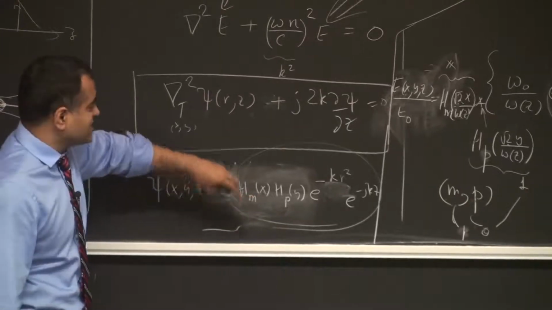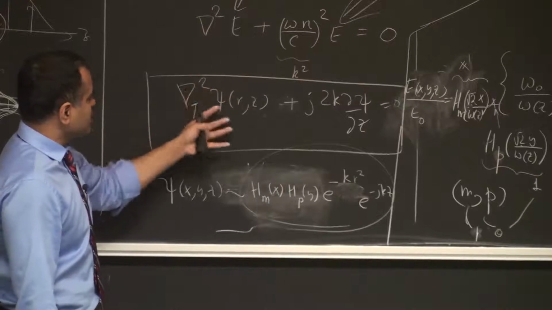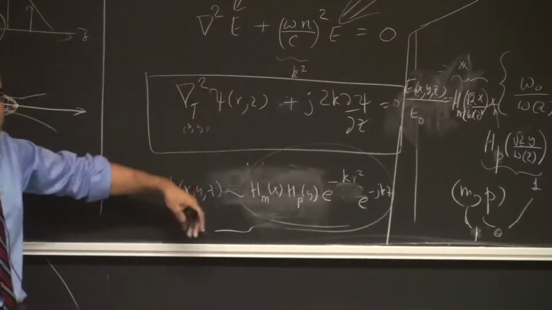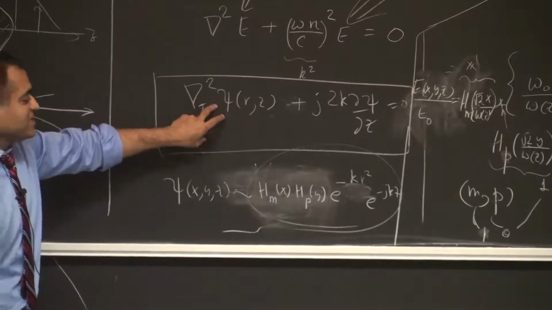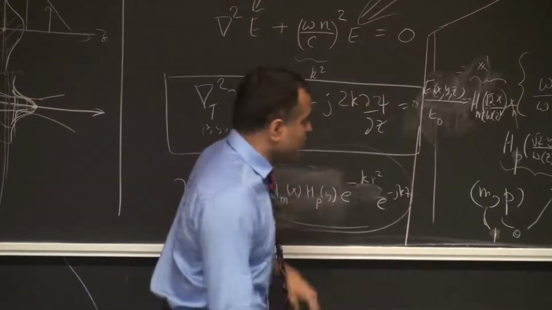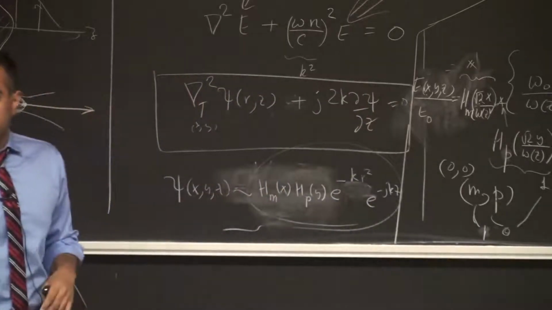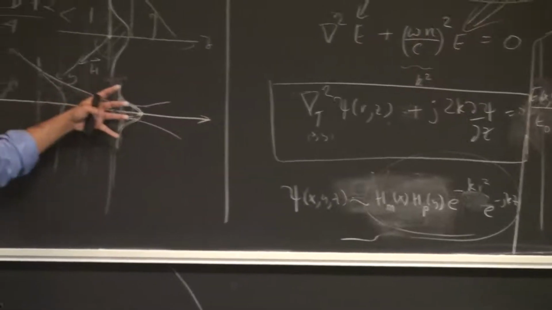In fact, this is guaranteed by the nature of this equation, which is very similar to the simple harmonic oscillator equation in quantum mechanics, which has exactly the same solutions. Everywhere that this equation appears, it has the same solution. It's always Hermite polynomials. And the 0,0 mode of that is the Gaussian that we talked about earlier. And the moment you go to higher modes, you get all these other nodes. That's it.